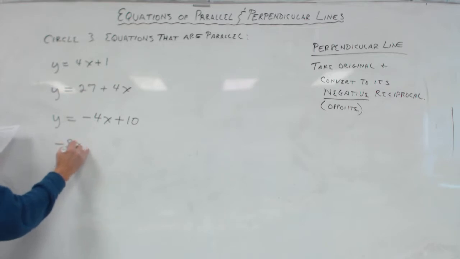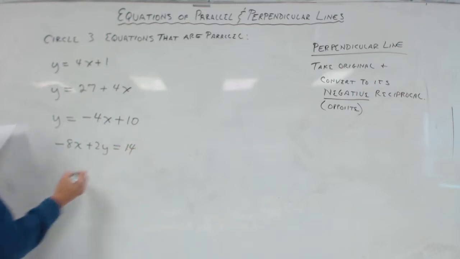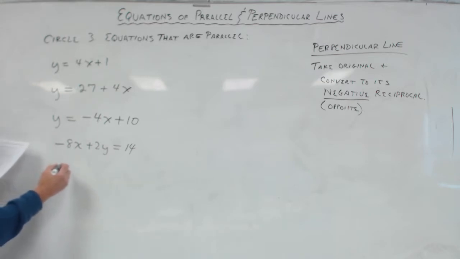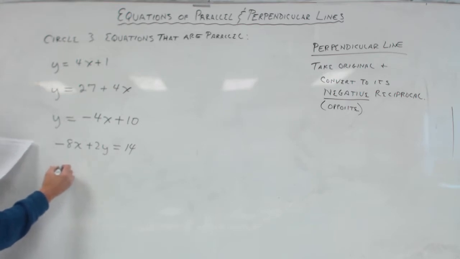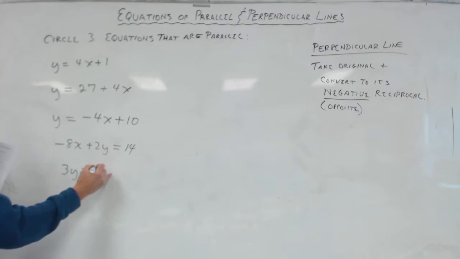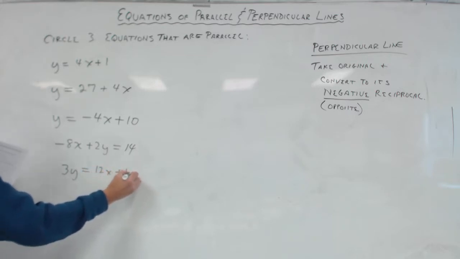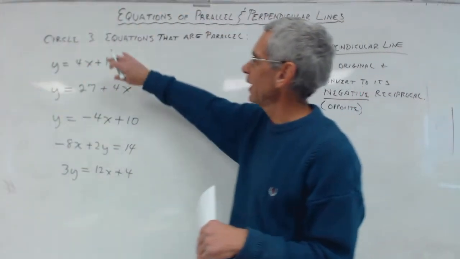Negative 8x plus 2y is equal to 14. And 3y is equal to 12x plus 4.